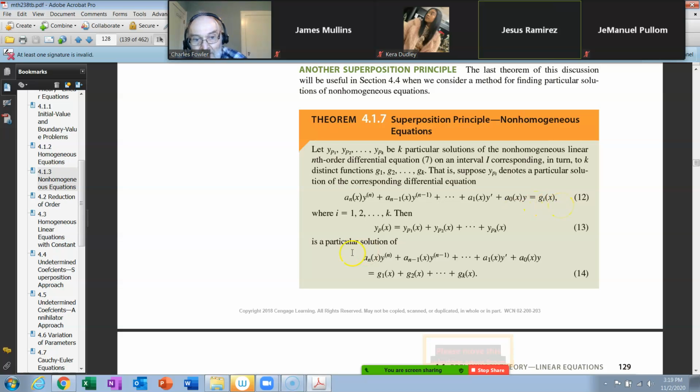That would be a particular solution for that equation with right-hand side equal to g sub 1 of x plus g sub 2 of x, the sum of all those k g's of x. So there's yet another superposition principle.